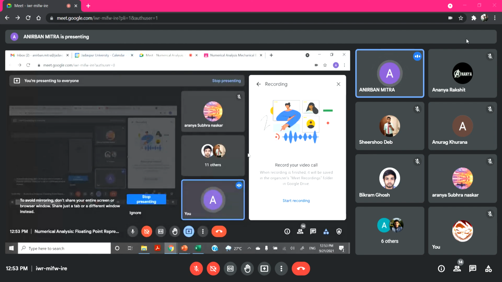It's an article written by Professor V. Rajaraman, whose book I previously suggested to you regarding the computer implementation of different algorithms. I will share that note with you. You can read through it. I would not say it's compulsory reading, but if you are interested, you can go through it.